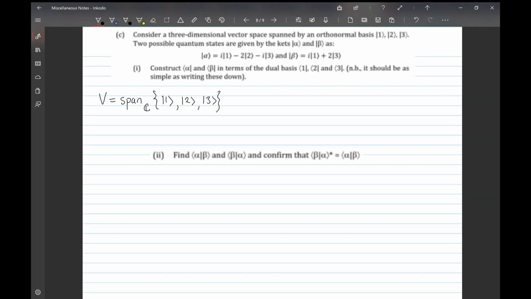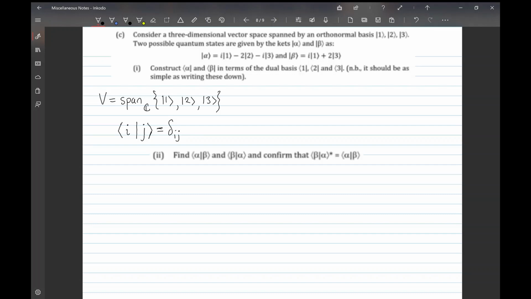In quantum mechanics, we like to take complex vector spaces in concrete examples. Okay, so now we should also maybe write down what the dual basis condition was, just if you need to recall. So this set of bra vectors indexed by i will be dual to the set of ket vectors indexed by j if this is equal to delta ij, the Kronecker delta. So 1 if i equals j and 0 otherwise. Okay? So it's actually quite easy to construct alpha and beta in terms of the dual basis.